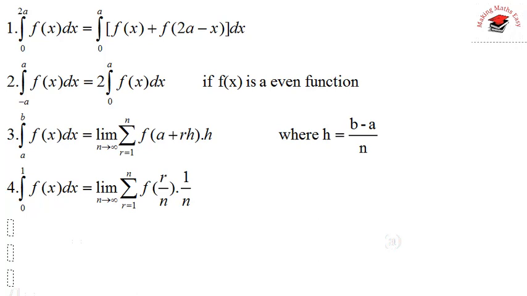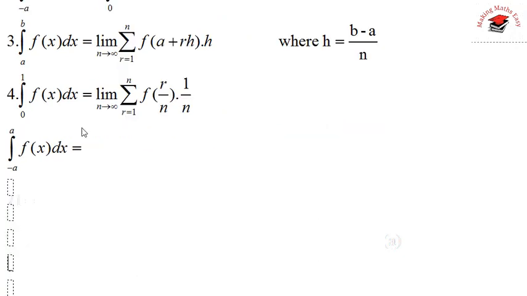So first of all, I will take the left hand side. I'm going to prove this. I will take the left hand side, and in this property I'm going to prove that LHS is equal to RHS. So we will use the property of definite integral first. If you don't know about this property, you can watch my previous video.